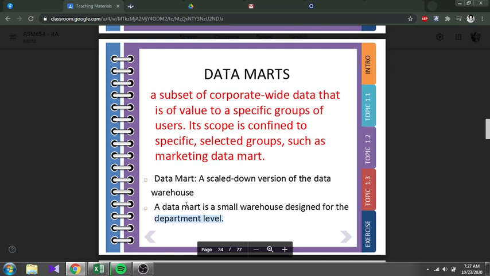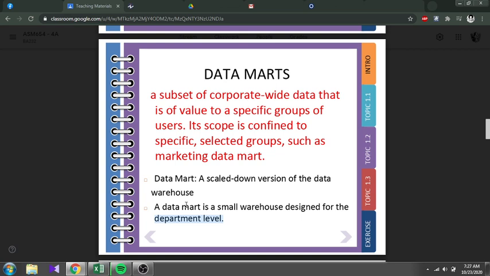Okay, because contoh department tu is on the IT department, so maybe they look on this application, on this technology things, on the data, on the records. Okay, maybe kalau for this HR, they look for the record of this employees on the users.